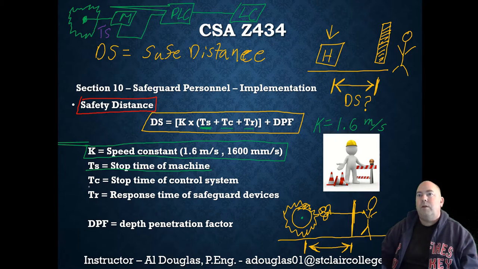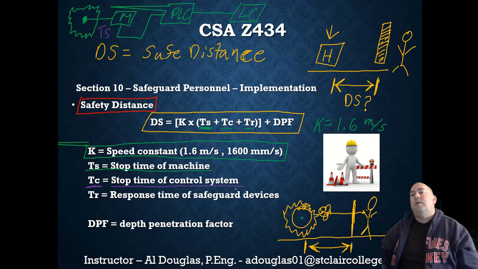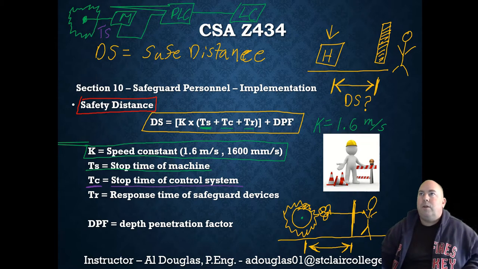This next one here, TC, stop time of the control system. So that is the time that it takes between the time that we tell this PLC to stop, that it takes for us to read those inputs, process those inputs, and give an output that gives a stop command.